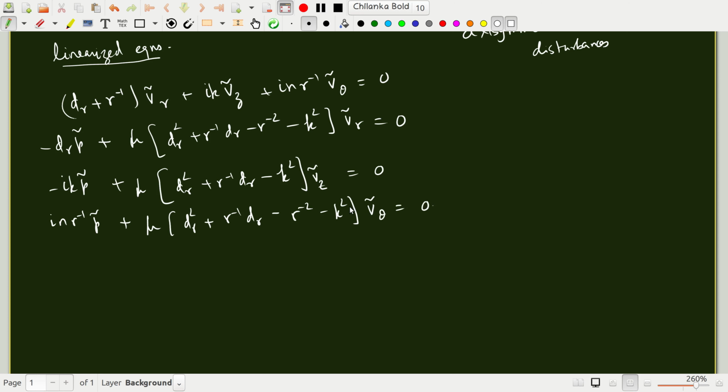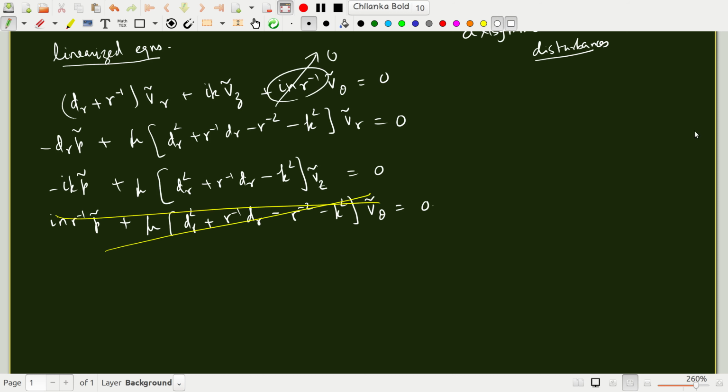We're going to consider only axisymmetric disturbances, as I just mentioned, so we don't have to worry about the theta component at all. Because we are considering axisymmetric disturbances, we need not consider the theta momentum equation. So we can just consider these two equations, and we set n equal to 0.